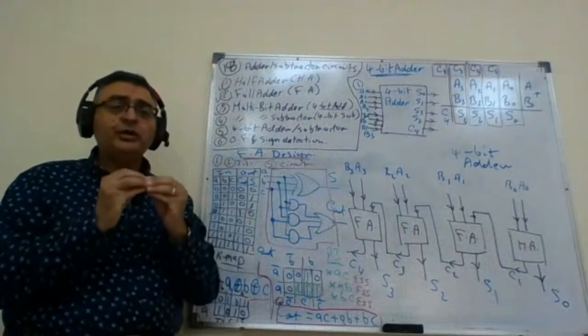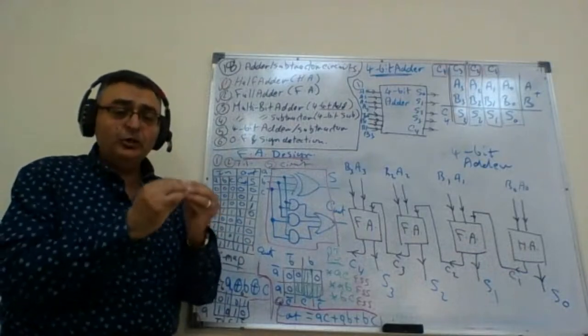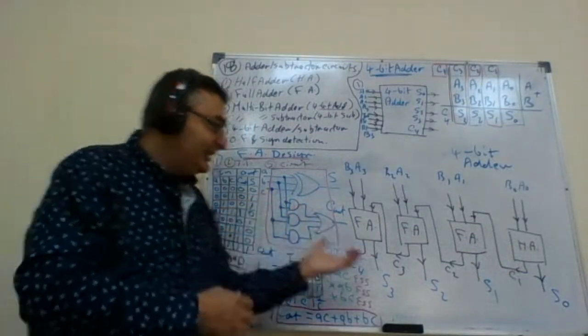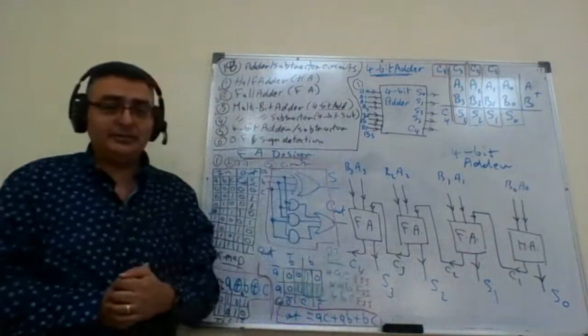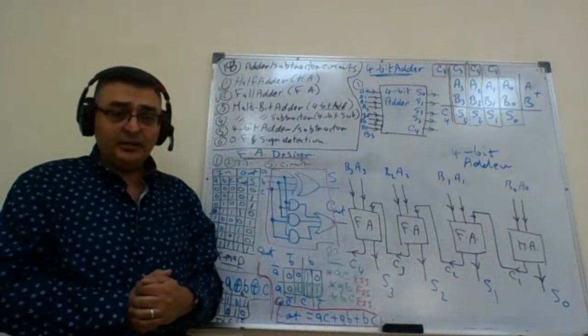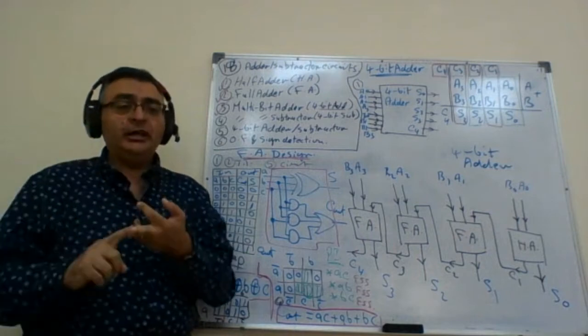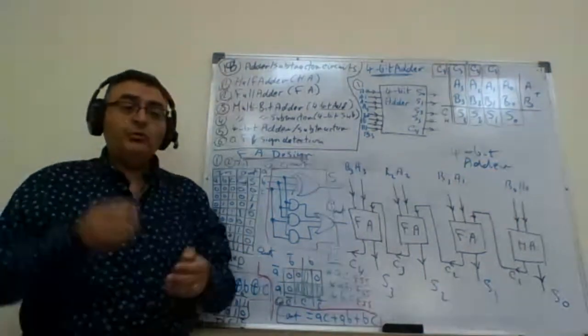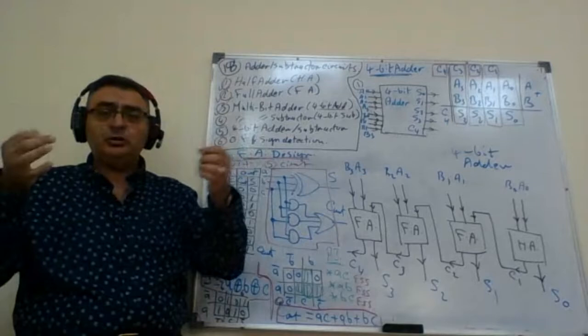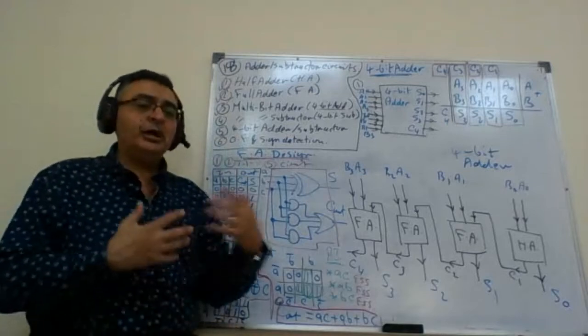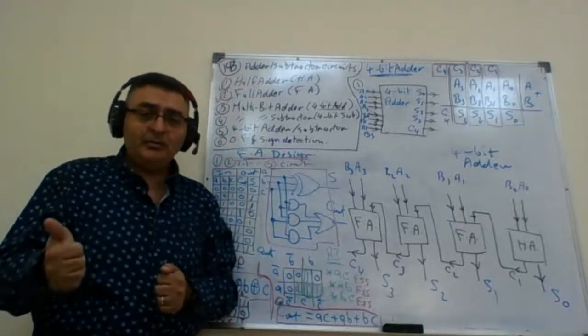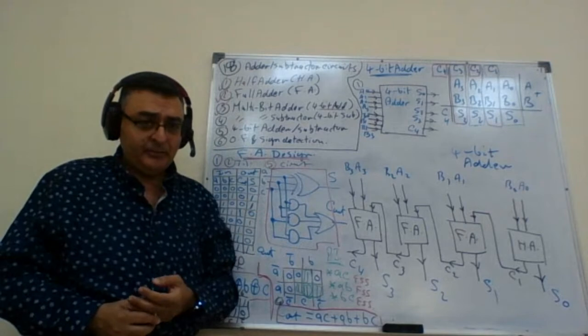But what we have paid in order to see a realization of the design like that is that neither the area nor the delay is optimized, because when you do not follow the standard way of design, there is no guarantee that you have reached the minimum area and the minimum delay.